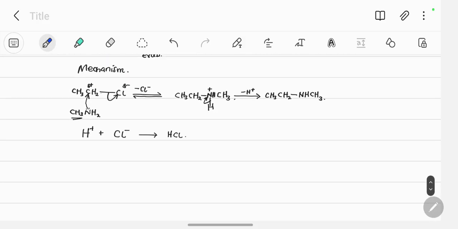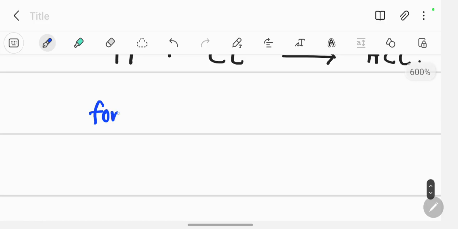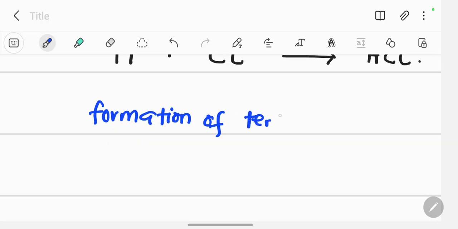So I'm going to tertiary amines from primary amines and from secondary amines and the primary alkyl halide. So formation of tertiary amines.